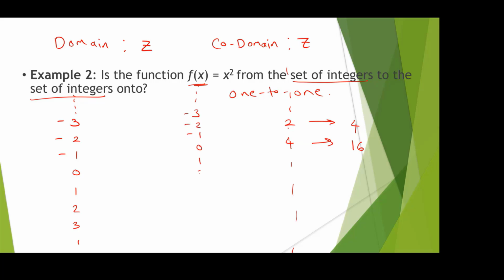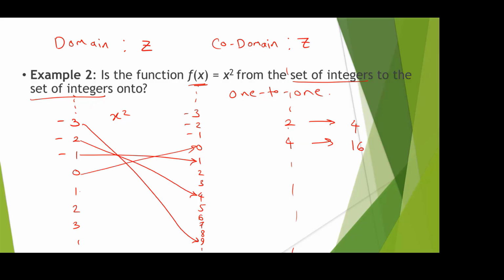Then maybe 1, 2, 3, 4, 5, 6, 7, 9, many more. So -3, since the function is x squared, will get mapped to 9. -2 will get mapped to 4. -1 will get mapped to 1. 0, maybe. 1 will get mapped to 1. 2 will get mapped to 4. 3 will get mapped to 9.